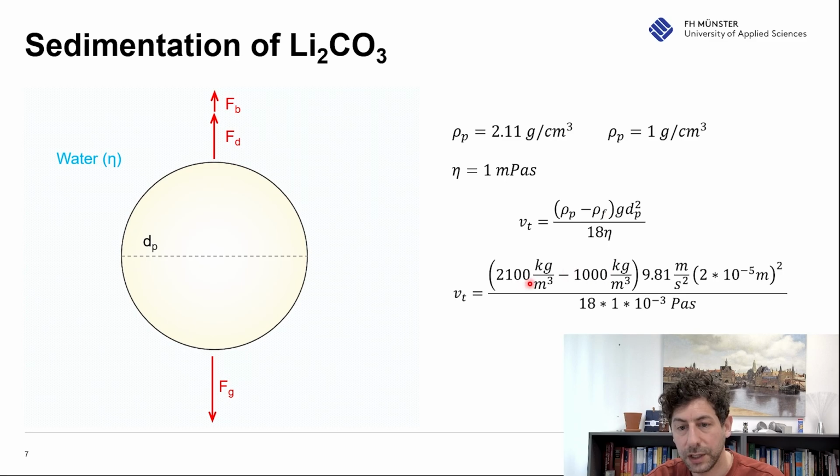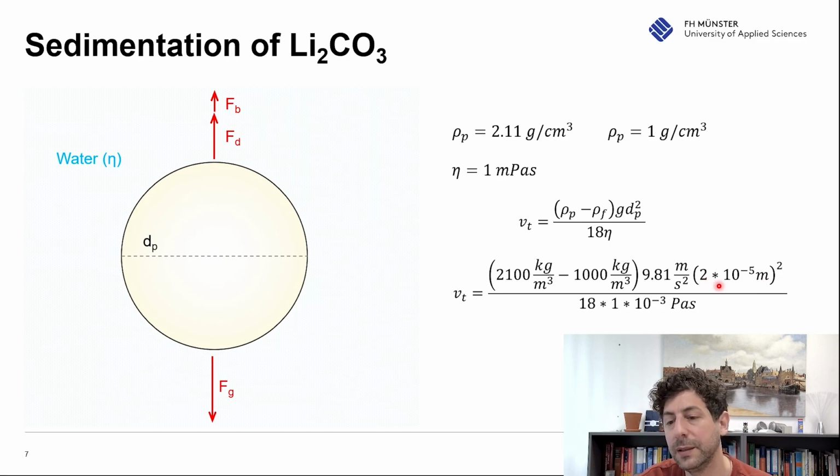Now we have everything which we can put into the equation. This is what you see here, 2100 kilogram per cubic meter. Why 2100? It's 2.1 times 1000, and it's simplified, so I kicked out the 0.01. But at the end this will not make a large difference. And the water density is 1000, and then times 9.81. If we think about 20 microns in meters, the most challenging part of this equation is to put everything into the correct numbers, and especially the correct units.